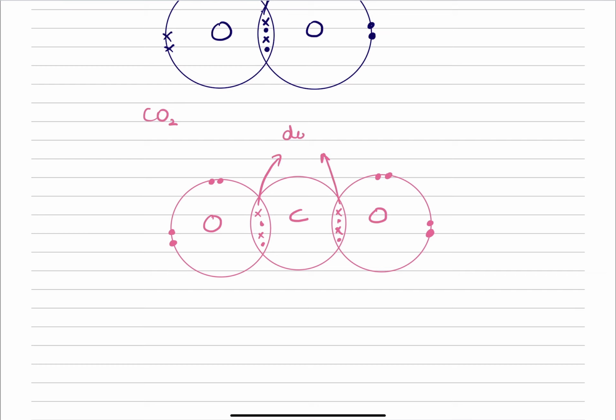So carbon dioxide has 2 double covalent bonds. One double covalent bond is with one oxygen, one double covalent bond is with the other oxygen. Carbon shares 4, so basically the crosses are carbon's electrons and the dots are oxygen's electrons.